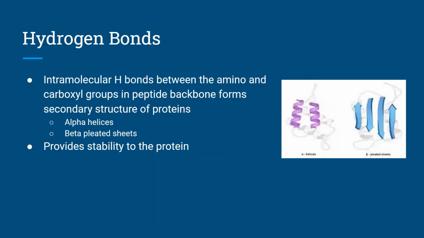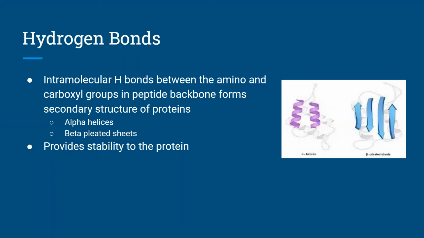So in amino acids and proteins, the amino group will hydrogen bond with the carboxyl groups in the peptide backbone, and that forms the secondary structure of proteins.